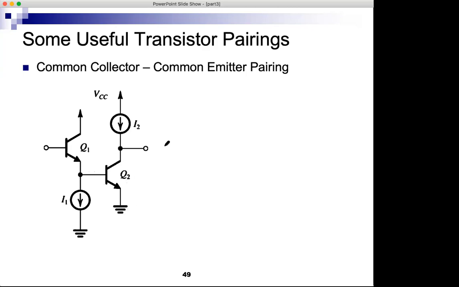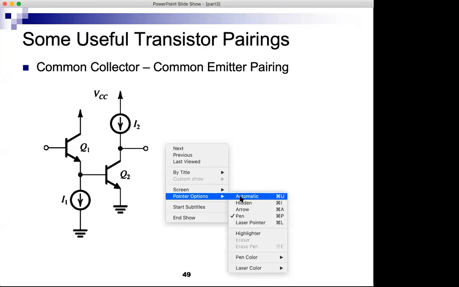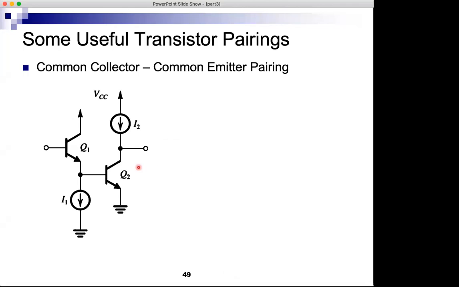So this is our friend, the common emitter. So in fact, this is common collector, common emitter, so CC, CE. And these two sources are there to bias the transistors in the active region. As we know, we have to make sure that they're biased in the active region to give us good amplifier characteristics.